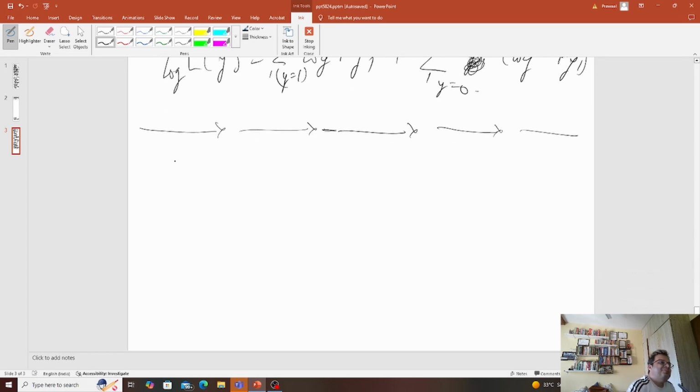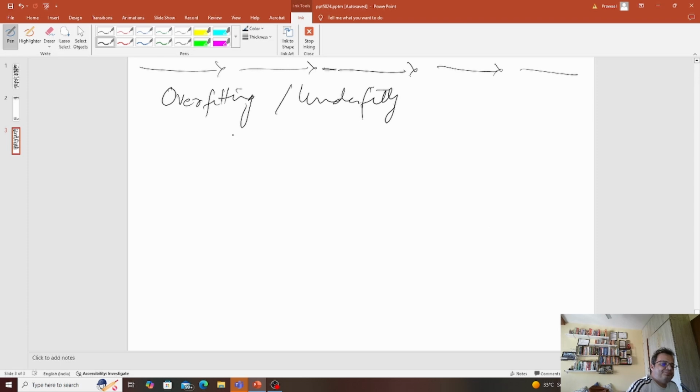Let's move on to something simpler. So there is a concept of overfitting and underfitting, and this is all model estimation. Okay, let me take an example.